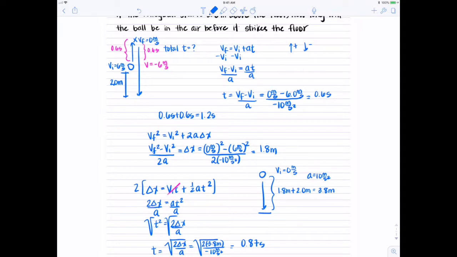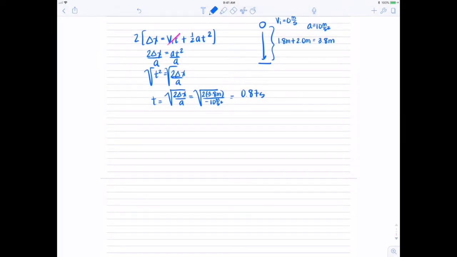And so I apologize up here at the top where I said that the time it takes for the ball to reach its peak and then reach the corresponding point on its way back down 2 meters above the floor is 1.2 seconds. We actually don't need that. I apologize. So we just need the 0.6 seconds from the release to the peak, and then from the peak to the floor, 0.87 seconds.